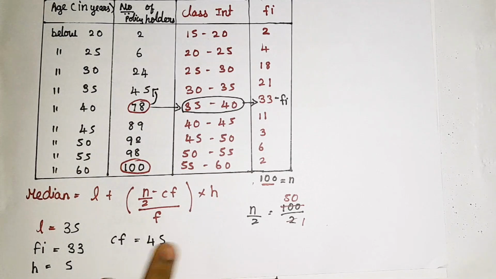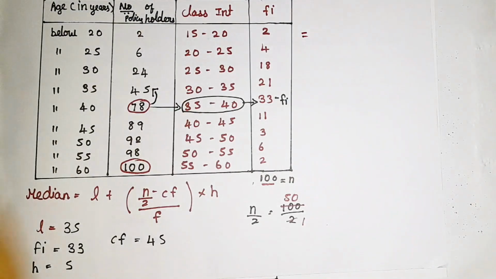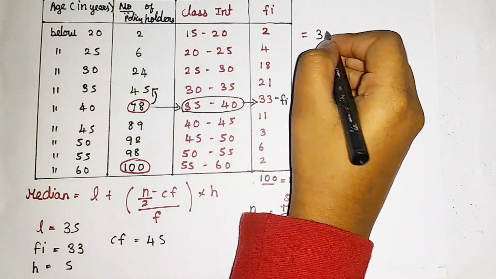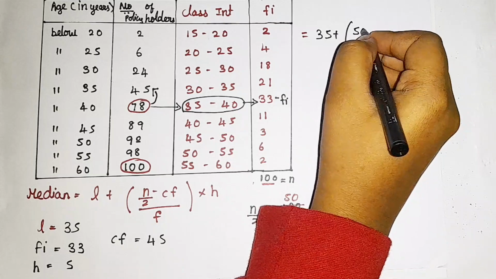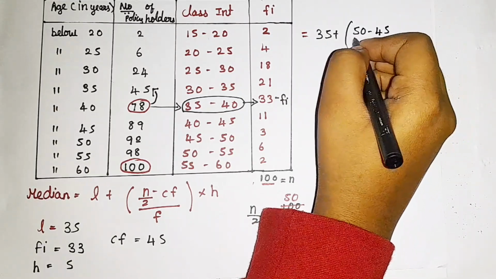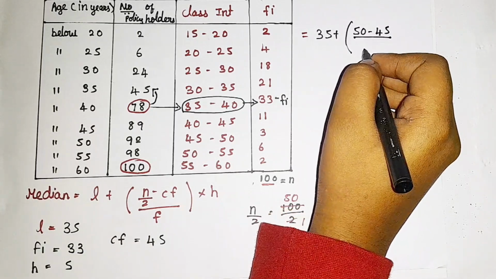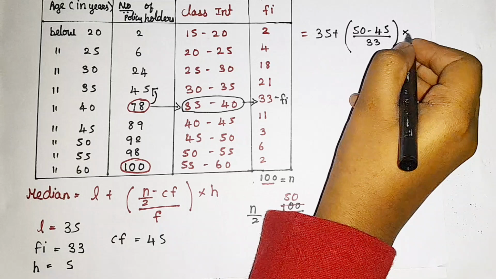Now we got all the values, isn't it? Now we can apply it in this formula. So median is equal to, the L value is 35 plus bracket, n by 2 value is 50 minus cumulative frequency 45, divided by frequency value 33, bracket into 5.